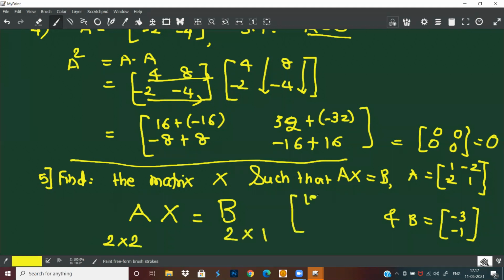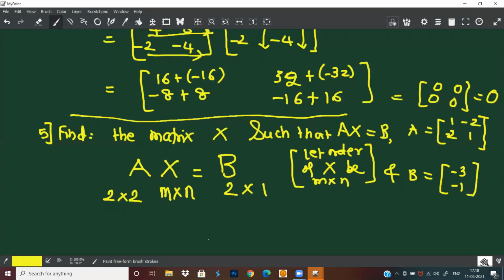And I assume order of matrix X be M by N. Because मुझे पता नहीं है क्या ऑर्डर है, मैंने इसका लिया M by N. A का ऑर्डर पता है 2 by 2, B का ऑर्डर पता है 2 by 1, but we don't know the order of matrix X, which I assume as M by N.